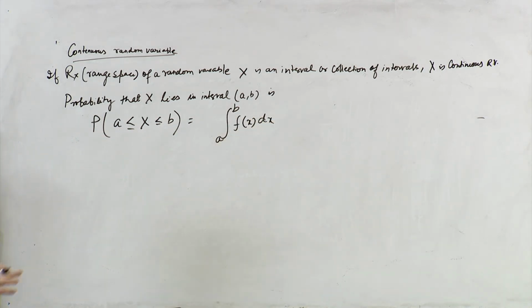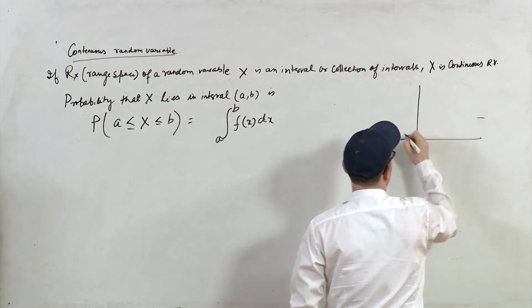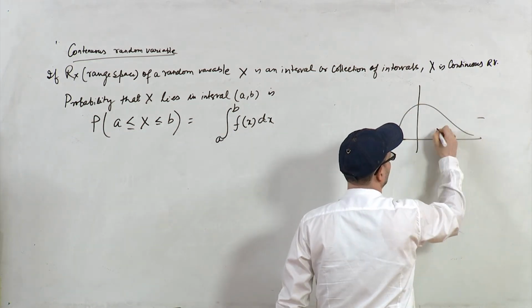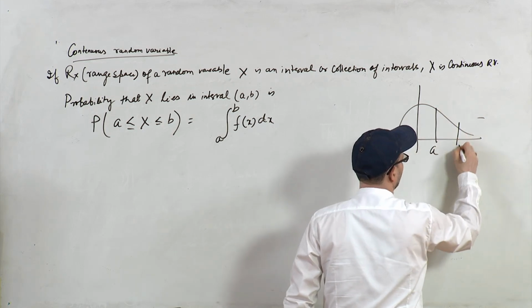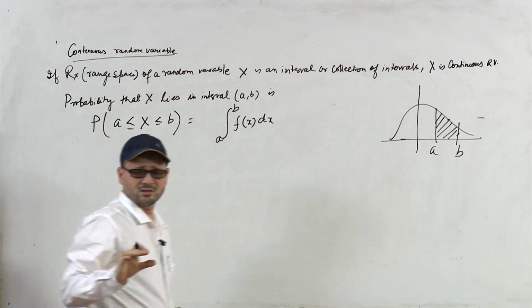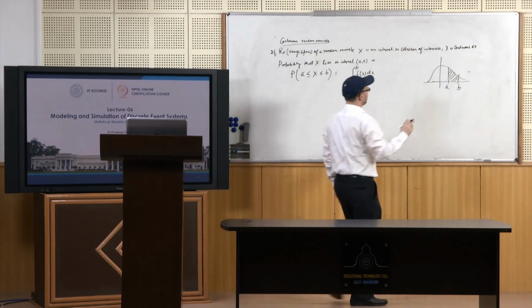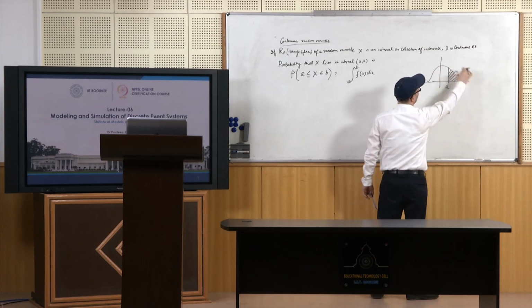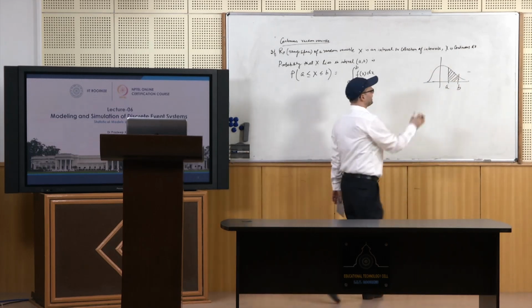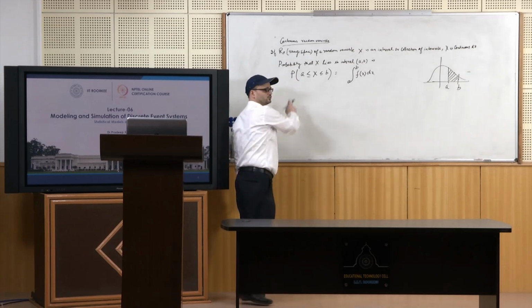So, in this case, if you have f(x) dx, and you have a and b, it is nothing but this area. If you want to find the probability of this kind of random variable, it is basically the area under this curve. The total area under the curve is taken as unity, and the value of this area as a fraction gives the probability values.